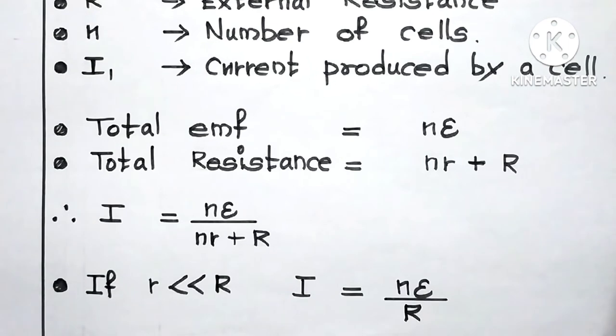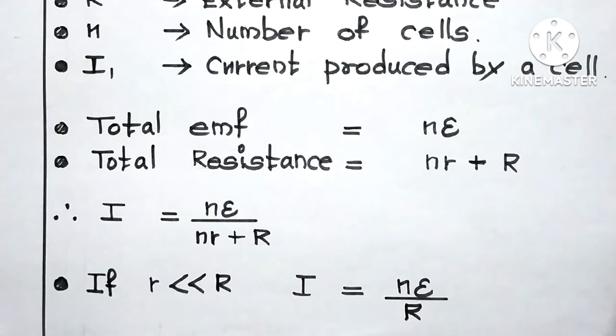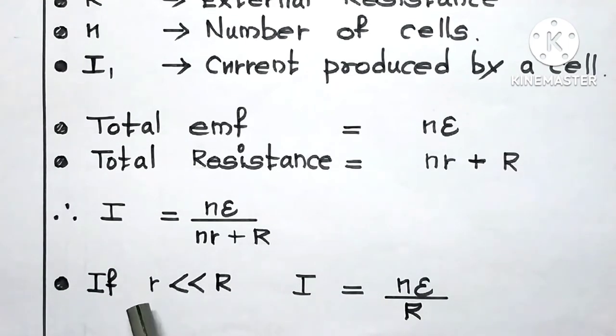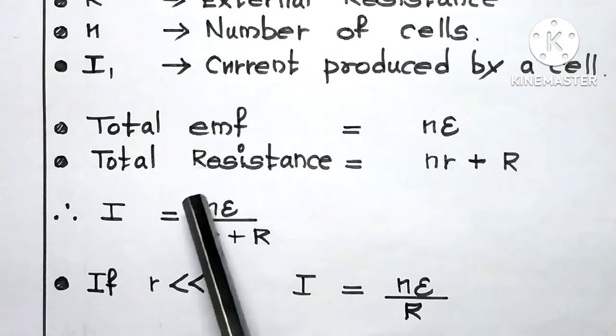Here a condition arises. If the internal resistance small r is very small in comparison with the external resistance capital R, then we can neglect the term nr from this expression.